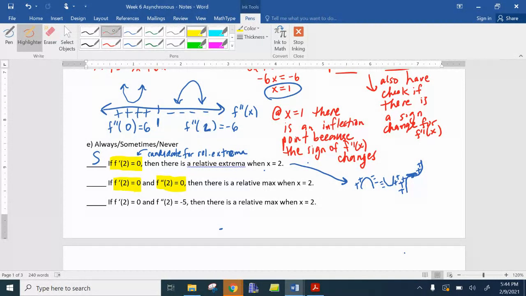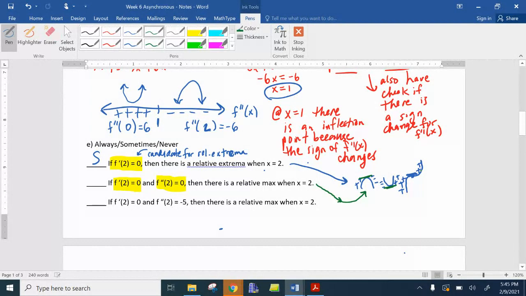This is tricky because if I'm looking at these examples right here, here I have derivative of 0, derivative of 0, derivative of 0. The only time that I would also have a second derivative equal to 0 is when there is a possible inflection point.